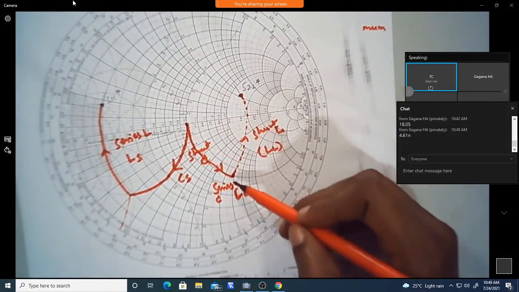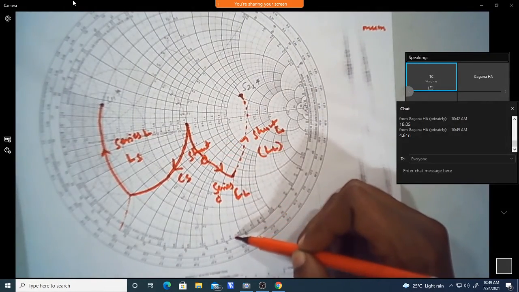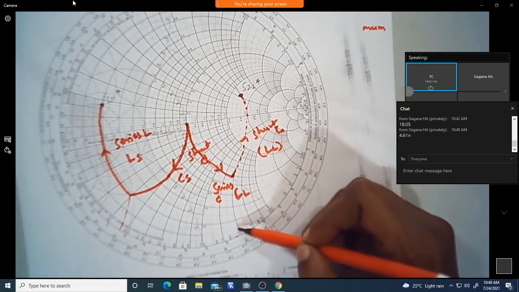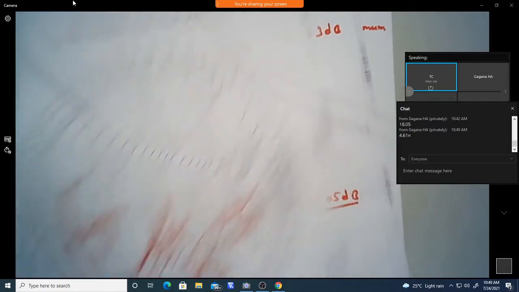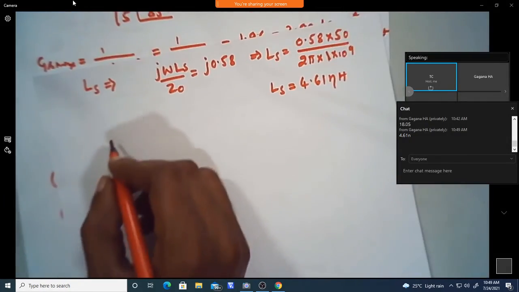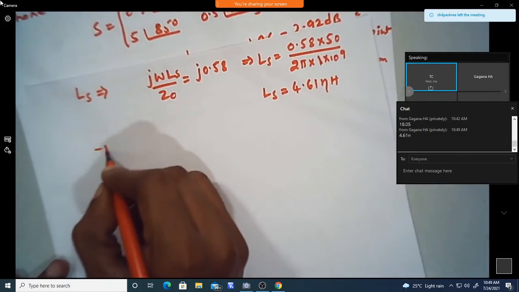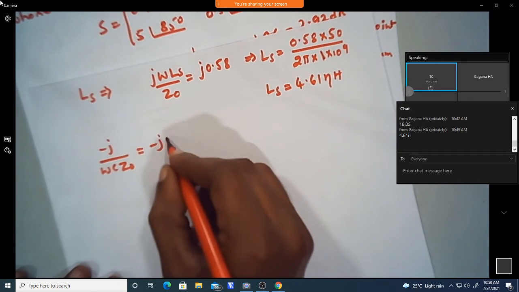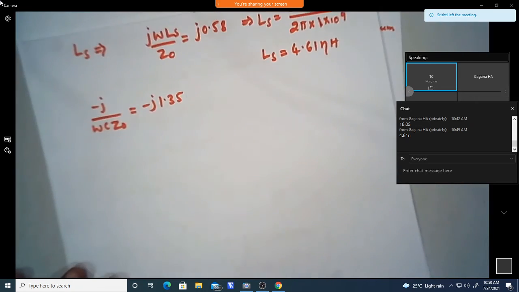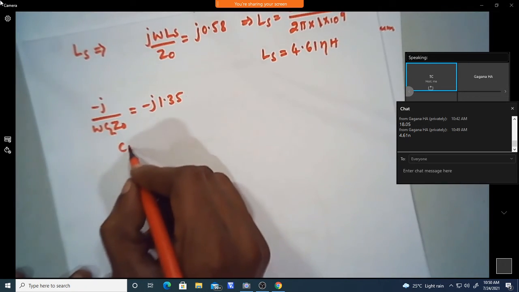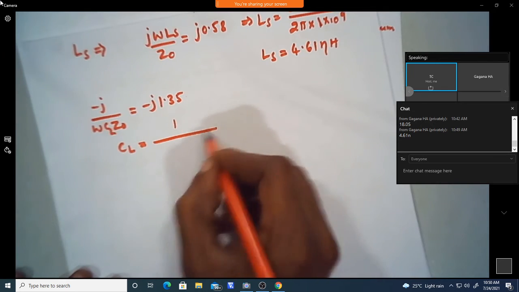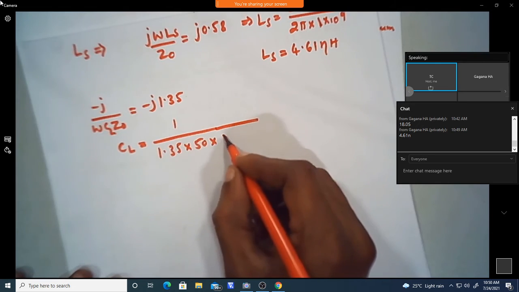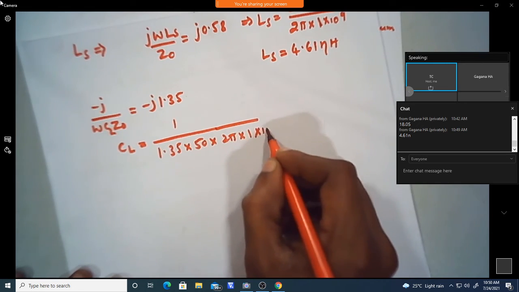Now similarly find out the series C, that is the load side CL. It is offering a reactance of around 1.32 or 35, exactly in between, so I'll take 1.35, that is minus j by omega C Z0, which is equal to minus j 1.35. So this is CL. Find out the value of CL, which is equal to 1 over 1.35 into 50 into 2 pi into 1 into 10 power 9.